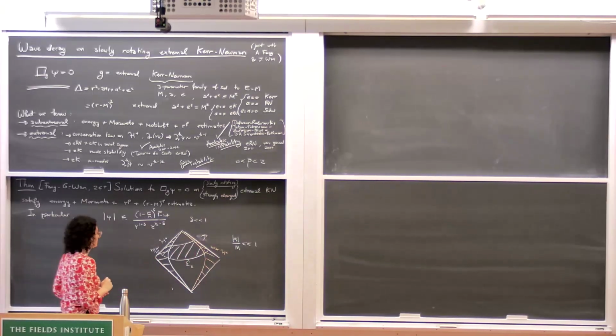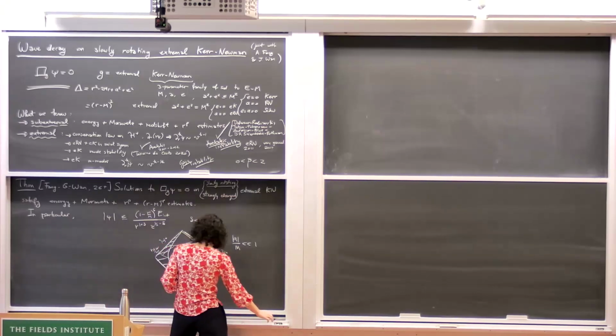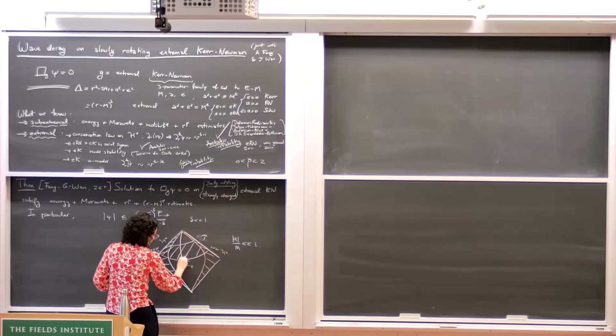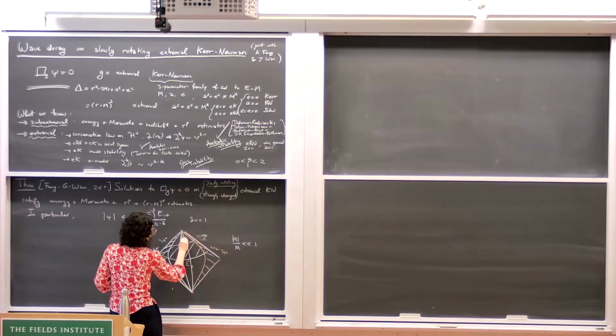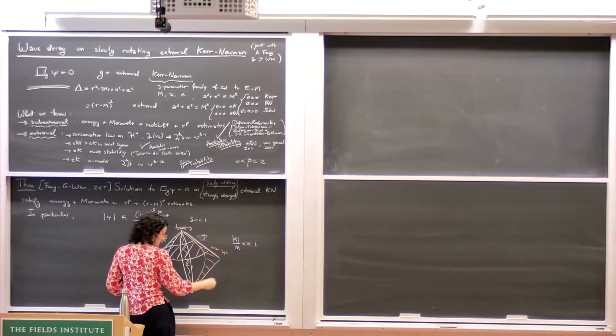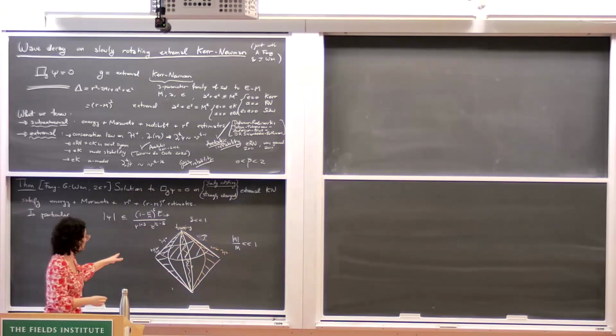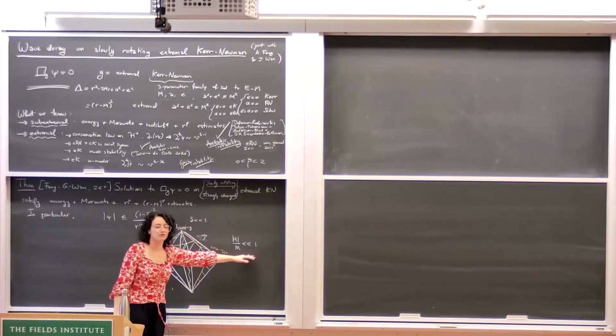And then there will be some trapping region. You see the way I drew them is already clear that those things are separated between them. And this is because we're looking at the slowly rotating case.